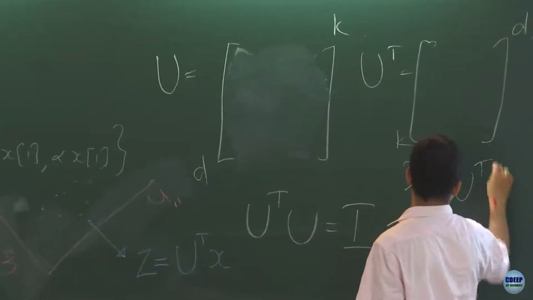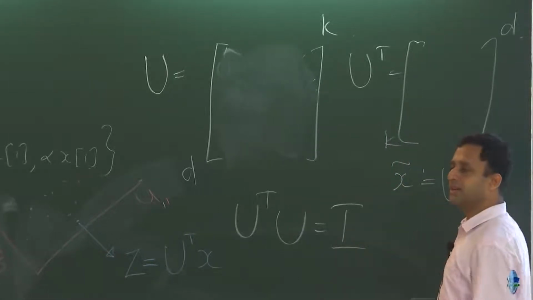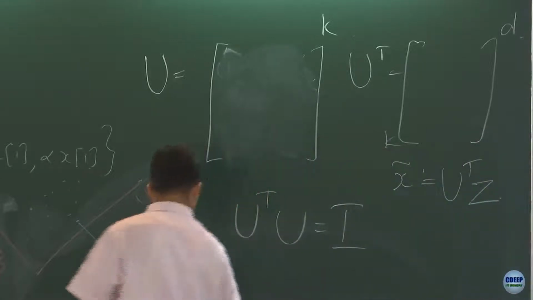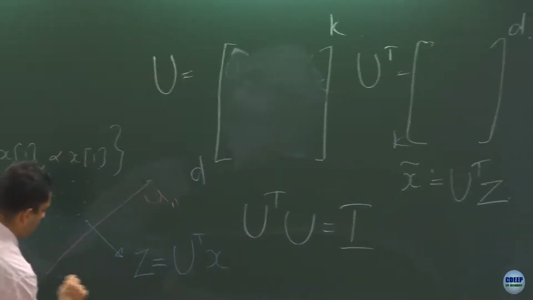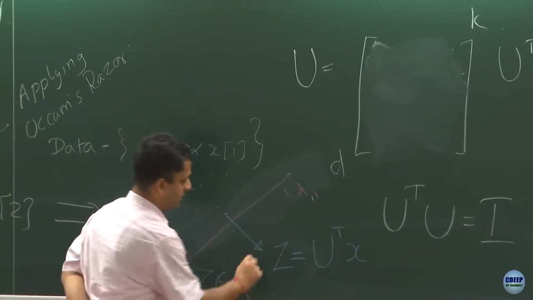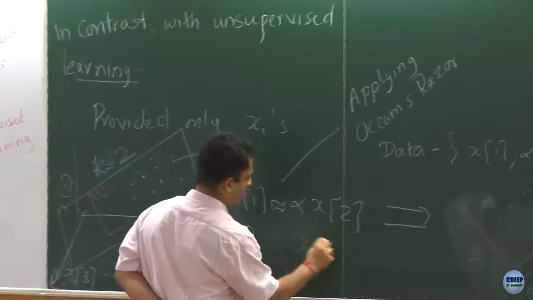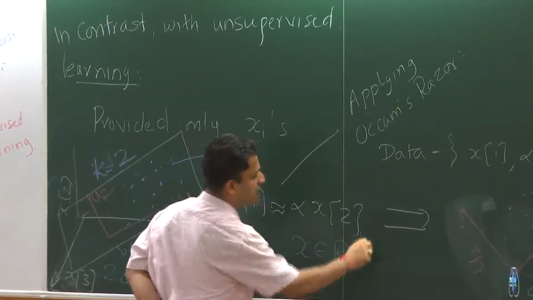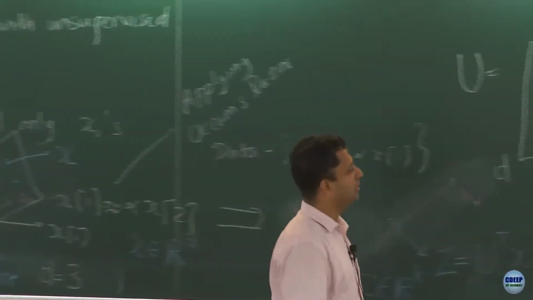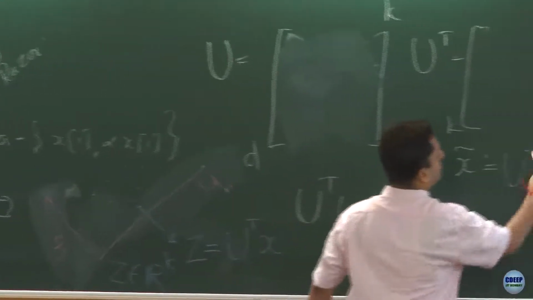X tilde is U Z. Is it well defined? Z was in R^K, X was in R^D.